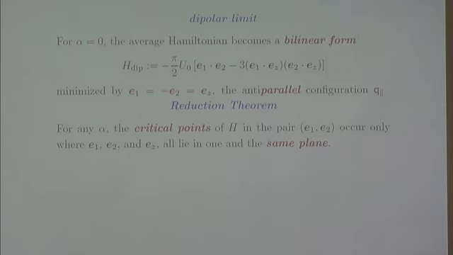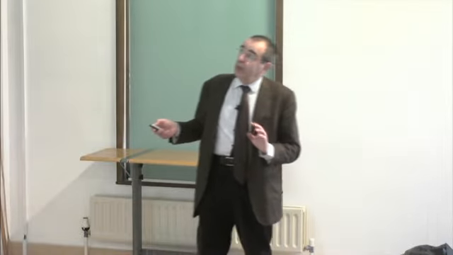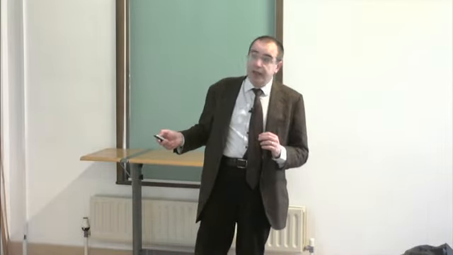There is a reduction theorem that can be proved regarding the general average Hamiltonian that I have computed in the general case for alpha different from 0. And the reduction theorem says that all the critical points of this Hamiltonian actually occur when the two spins, E1 and E2, are in one and the same plane.